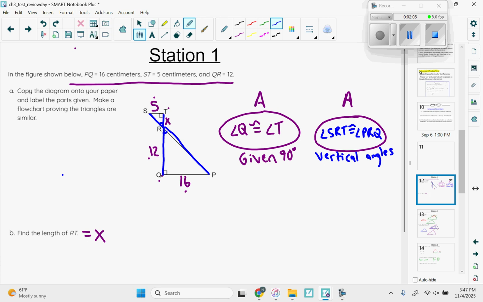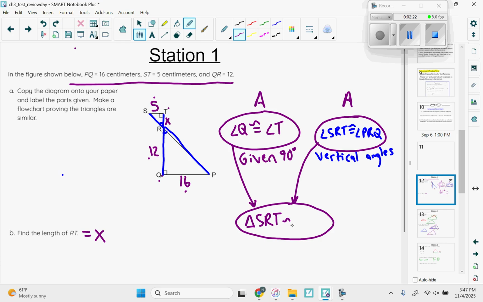So now I have my 2 angle bubbles filled in, so I can go ahead and finish my flow chart and say that triangle, we'll do SRT, is similar to triangle PRQ because of angle similarity.